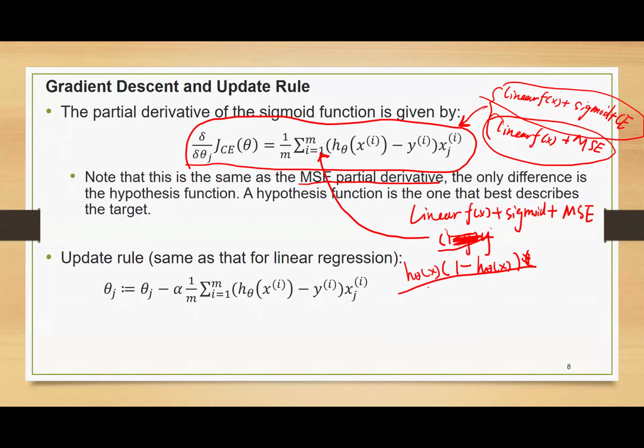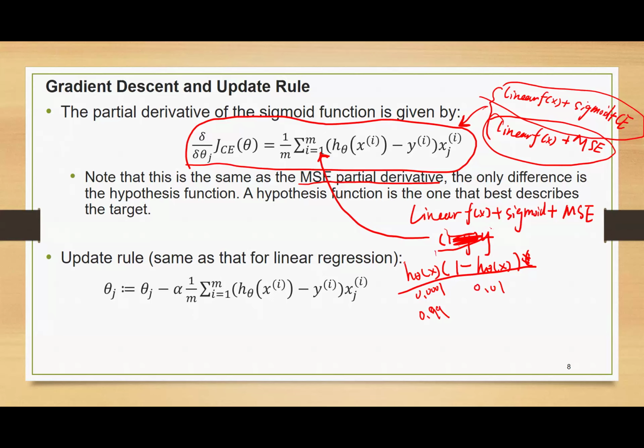And then we can see when h theta x is very small or very big, the gradient will be very small. So let's say h theta x is 0.001, and then this term will be very small, so the gradient will be very small. Or h theta is like 0.99, and then this will become 0.01.